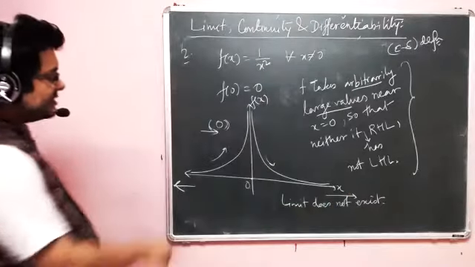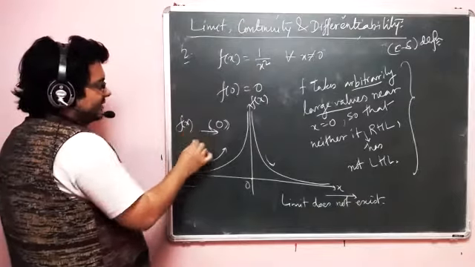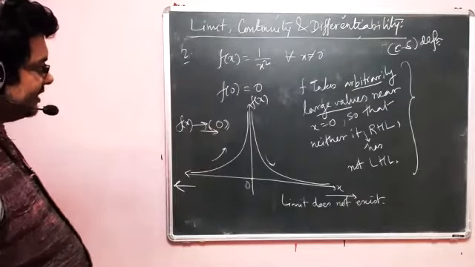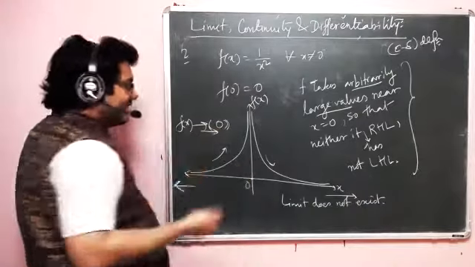So the function f(x) indeed approaches 0, there is no problem. But when it doesn't approach here, it takes arbitrarily large values.